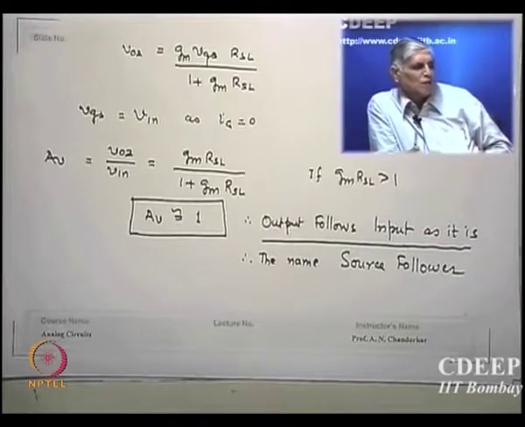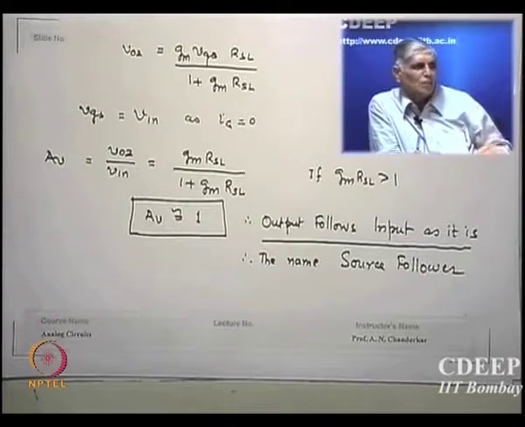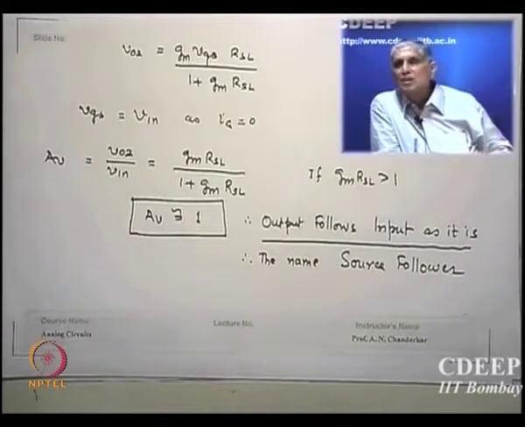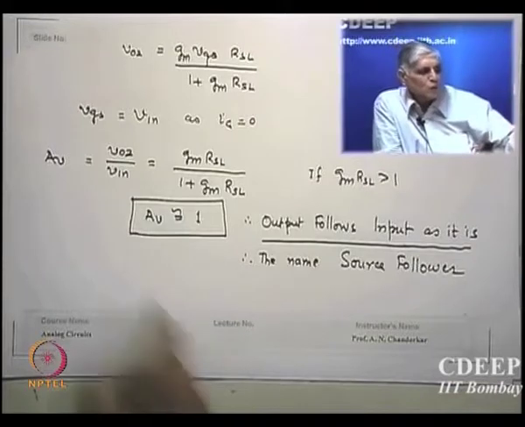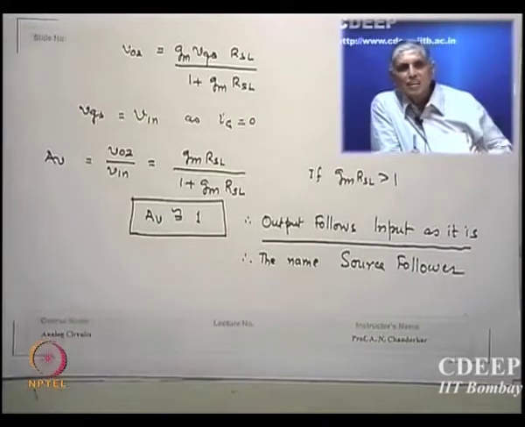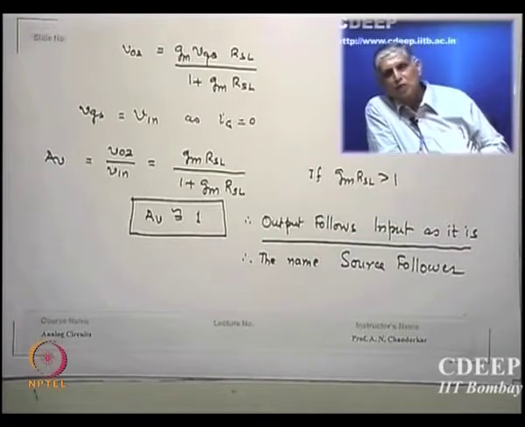So AV will always be closer to 1 but never reach 1, and since the gain is positive here, what does that mean? Phase is 0, same phase. So output and input have a gain of 1, meaning output follows input magnitude wise as well as phase wise.